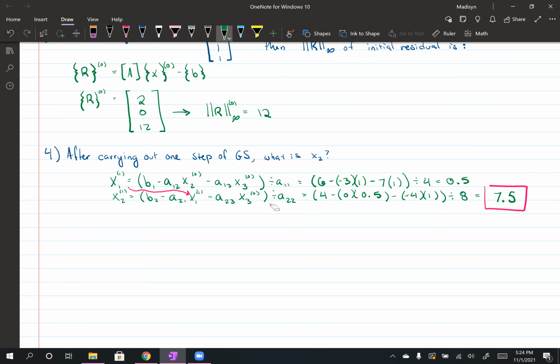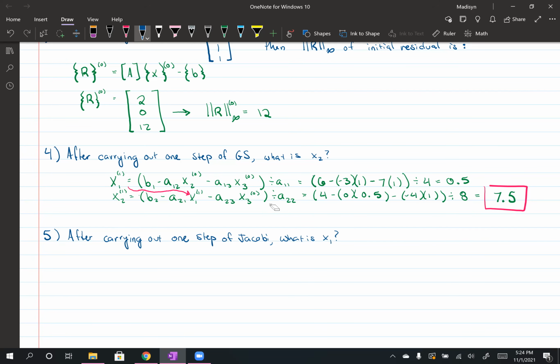But anyway, you will be asked to do Jacobi iteration too. So we'll say question 5. After carrying out one step of Jacobi, what is x1?